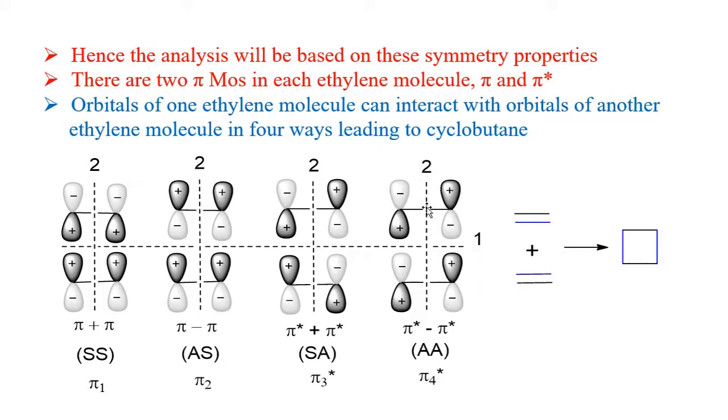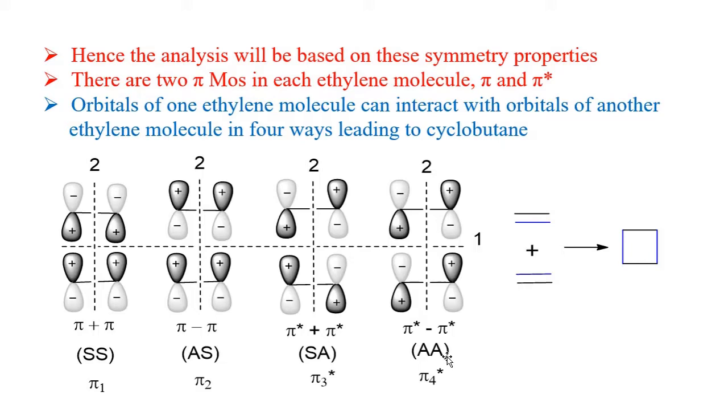Then the vertical plane of symmetry, it is also anti-symmetric because this half is not identical with this half. That is how we can represent or assign the symmetry properties with respect to the elements of symmetry, such as horizontal plane of symmetry or vertical plane of symmetry, in molecular orbitals, here in the case of pi molecular orbitals of ethylene molecules.